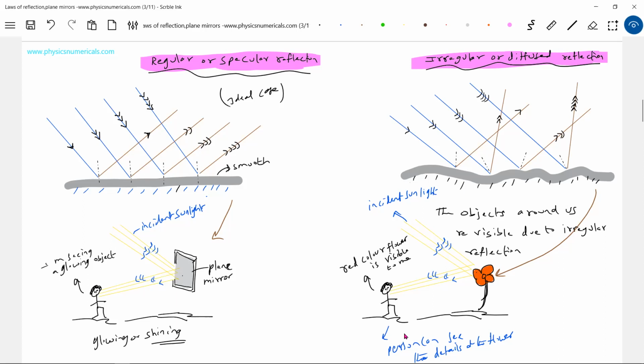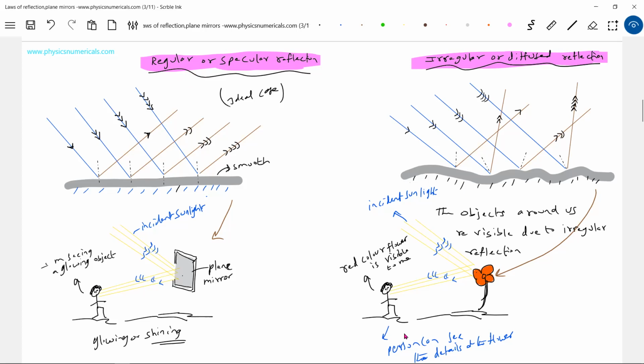If I go and stand in sunlight, you may not be able to see my body parts clearly, my arms, everything. Altogether, what you can see is some sort of glowing object. You may not even be able to guess that I'm a person. The reason is that when sunlight falls on that glowing cloth, like smoothly polished metal, the light undergoes regular reflection.